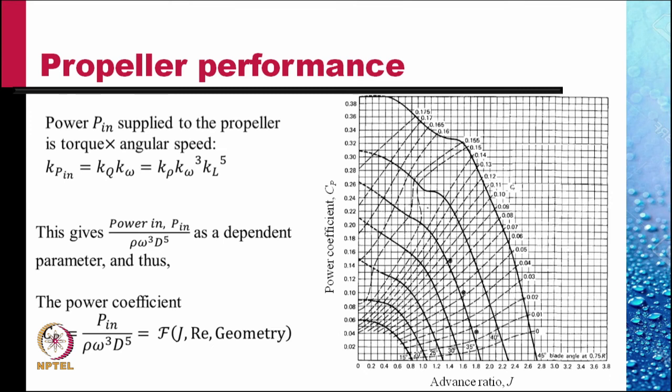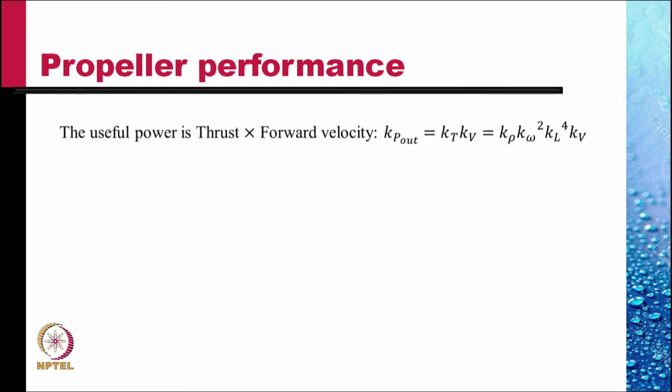And these are the typical plots for power coefficient and advance ratio for the same propeller for which the torque coefficient curves were given in the earlier slide. The useful power from the propeller, the payoff delivered, is thrust times the forward velocity.